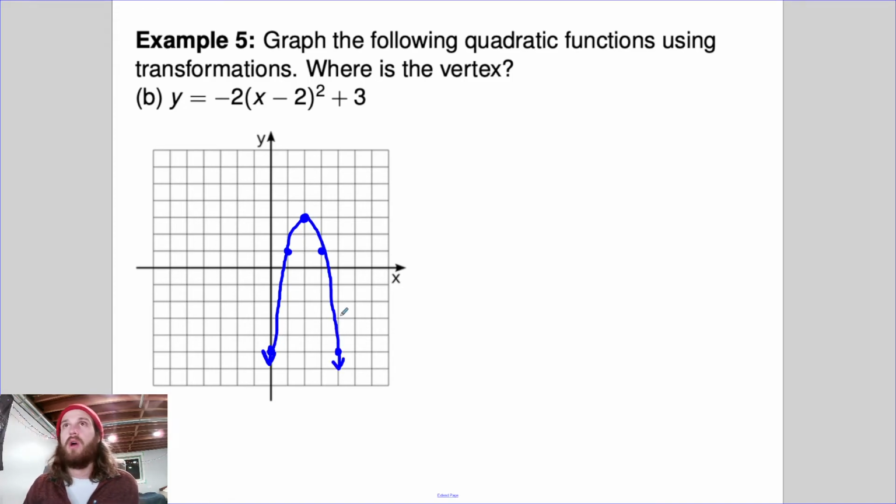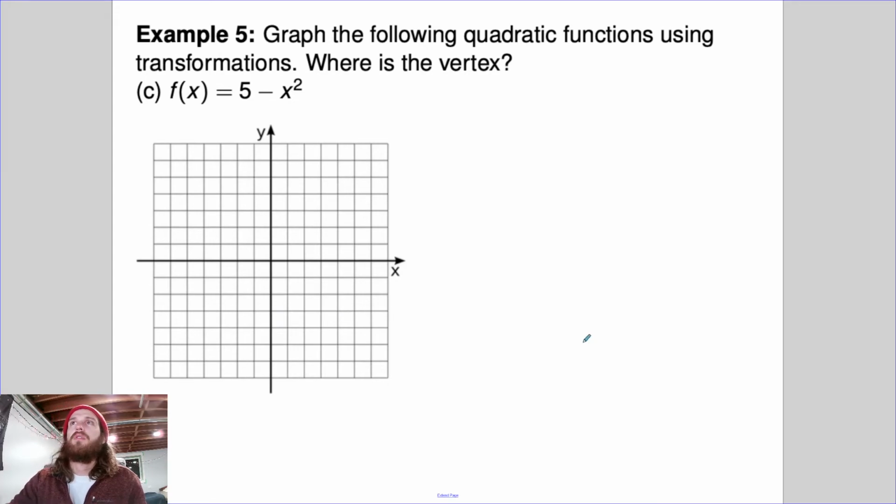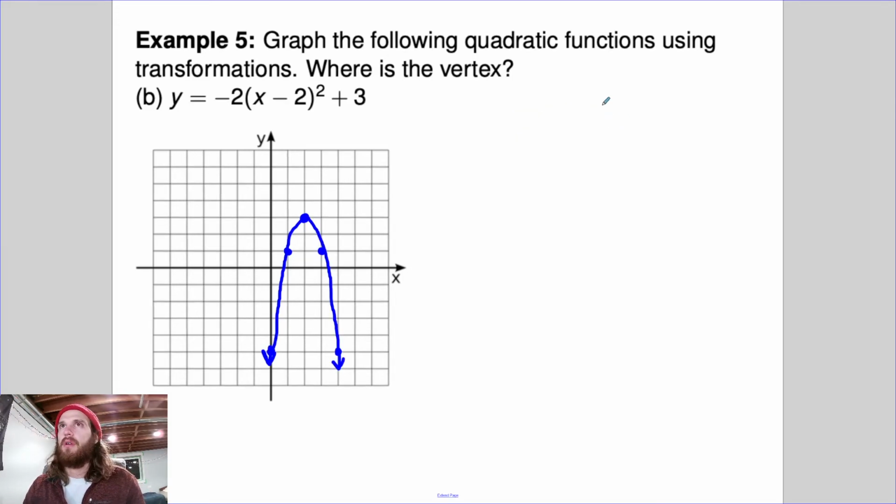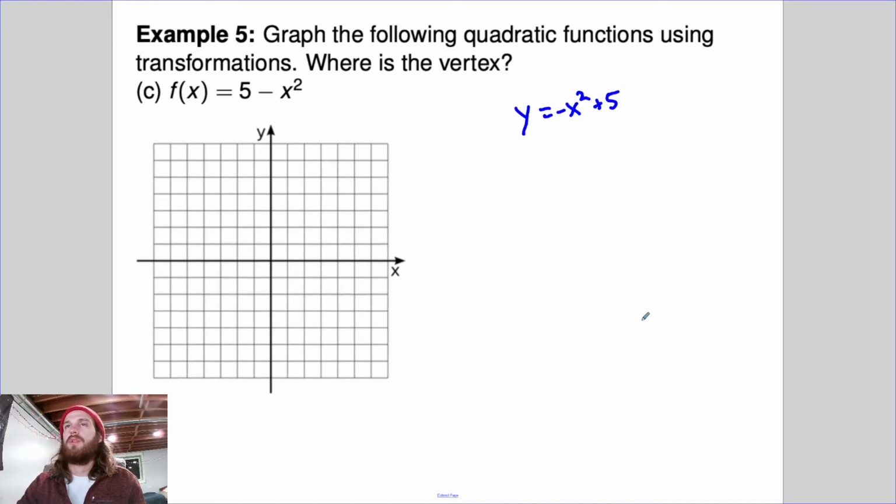And the last one. This one's a little tricky. I'm going to rewrite it as y equals the absolute value of x squared plus 5. So here, since there's no parentheses there, there's no left or right shift. So with this one, what are the two transformations?